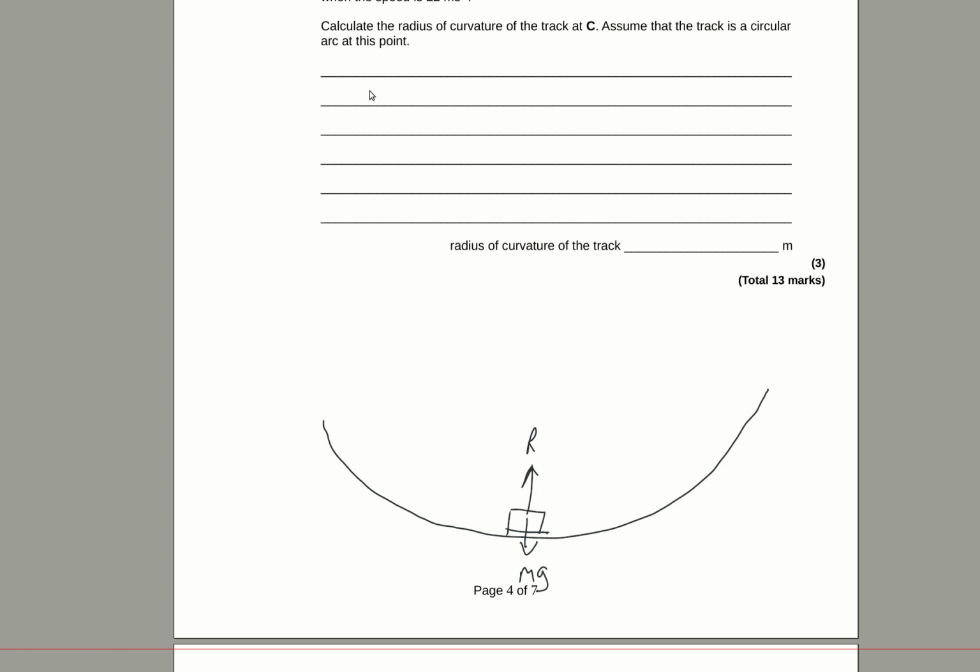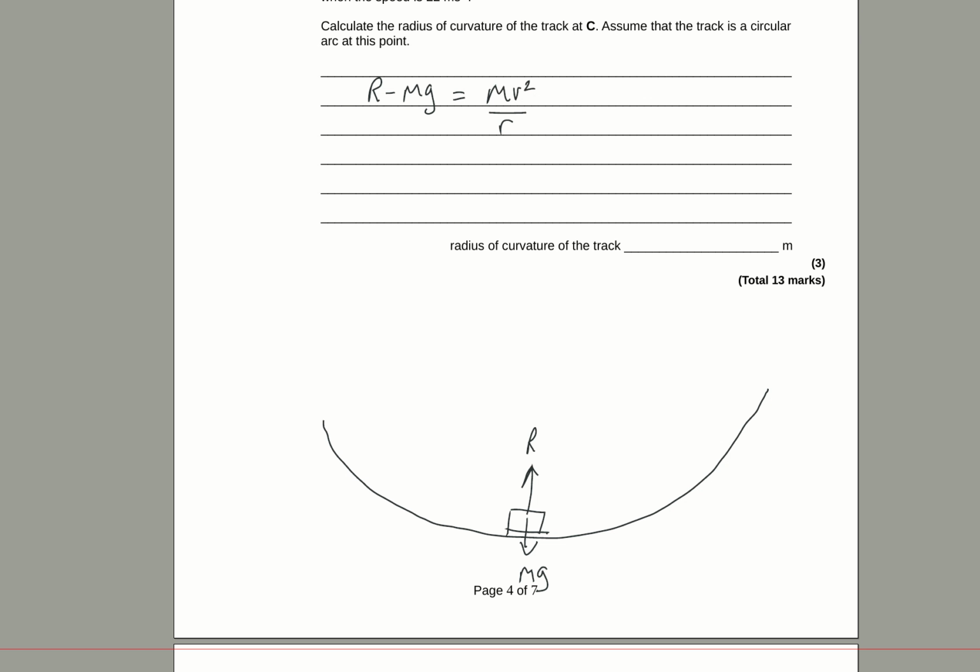So the resultant force is R minus mg, and that's also equal to the centripetal force. So R minus mg is equal to mv squared over r. This r is the radius of the track, and this R is the reaction force.